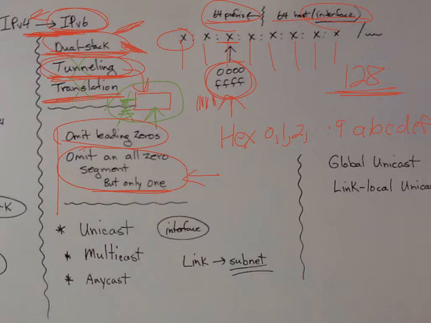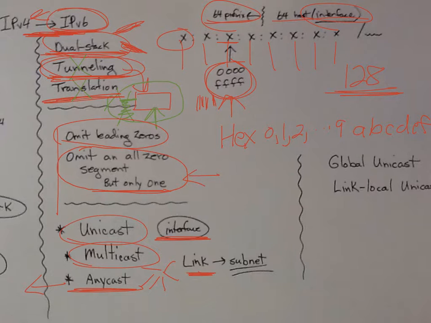Now, previously on the previous slide, we talked about broadcast and so forth. In IP6, we still have unicast, one interface talking to another. And then we have a multicast. You send one packet and it ends up getting distributed to others. And then we have this anycast. Okay, it's kind of like a multicast, but it goes to the first one. We don't have a broadcast specifically in IP6.